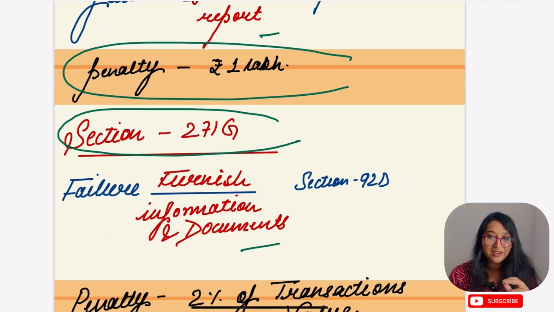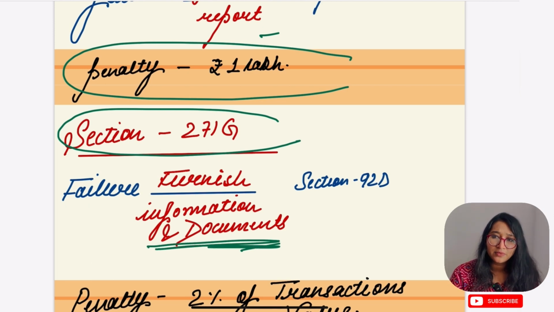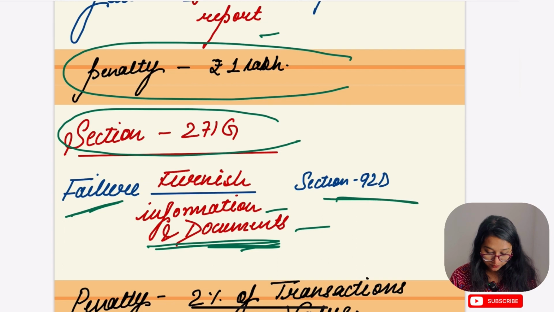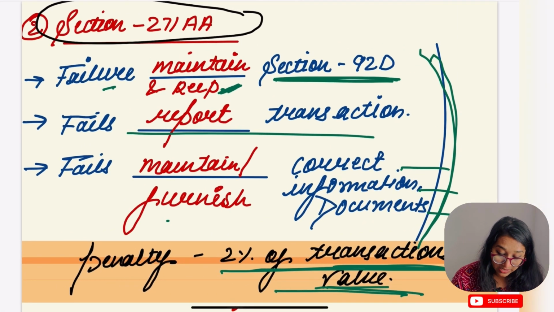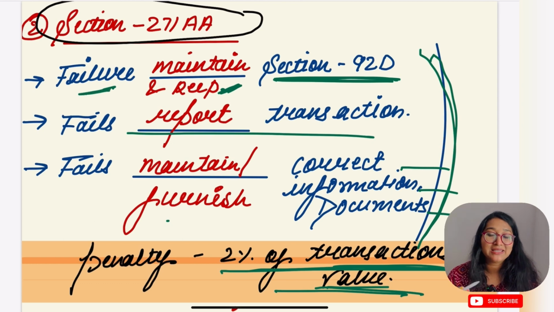Let me rewind one thing. The same thing was written in the section which we read just before, right? 271G is saying that the SSC fails to furnish information and documentation under section 92D, right? And the section which we read before was of failure to maintain and keep under section 271AA, right?